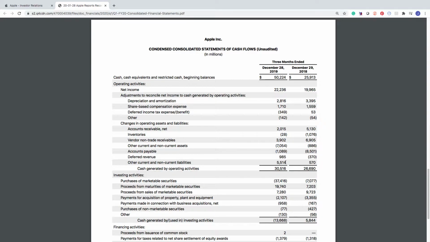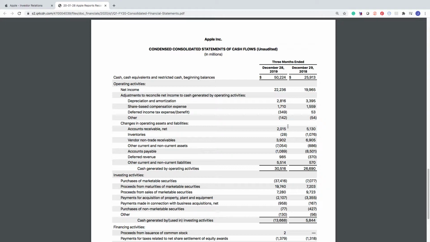So what are these items that have driven this difference? I'll focus on the main item here and the item which typically drives this difference between net income and cash flow from operations, and that item is the one right here called depreciation and amortization.